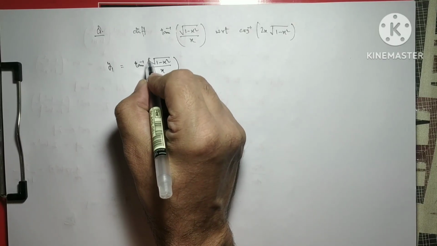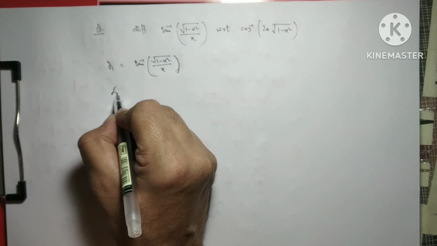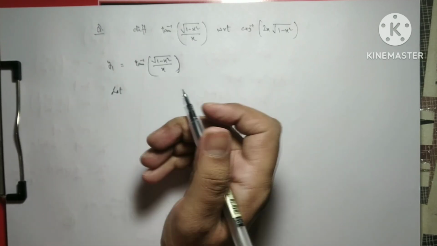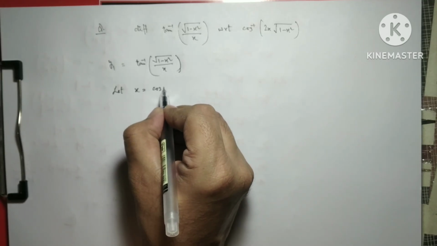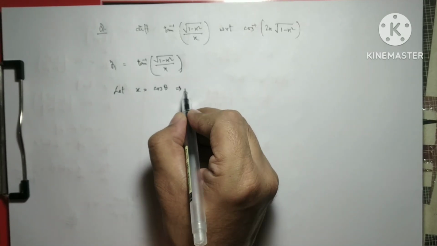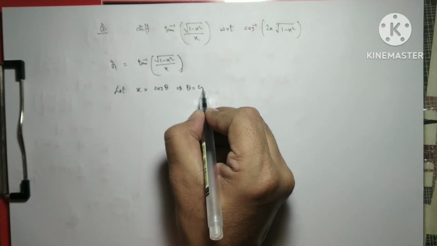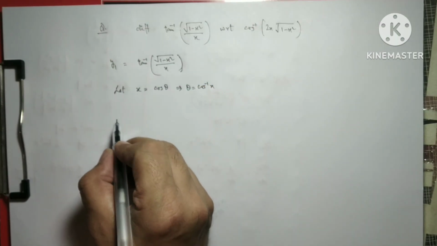So again we use the method of substitution. We put x equals to sin theta or cos theta. So x is cos theta, or you can say theta is cos inverse x. Okay, so put this value in this expression.